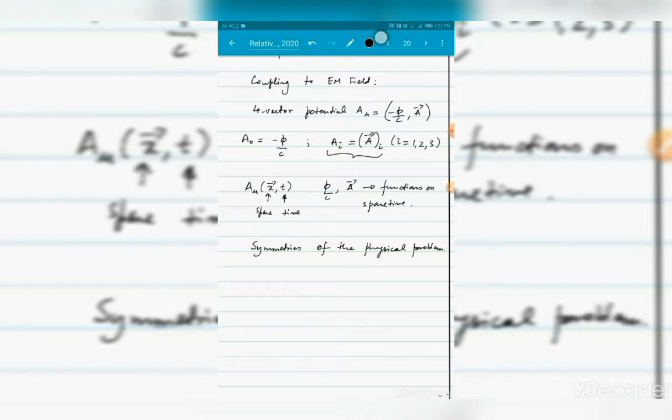So what are the allowed symmetries here? Here we have Lorentz symmetry. That means, according to this, the action should be a Lorentz scalar, or it should be invariant under Lorentz transformations.